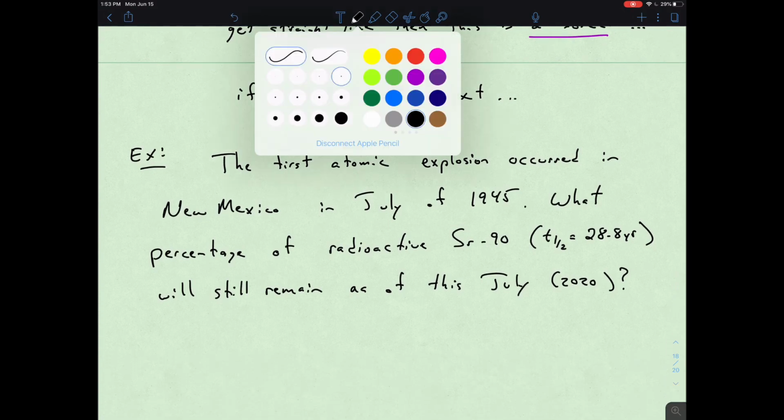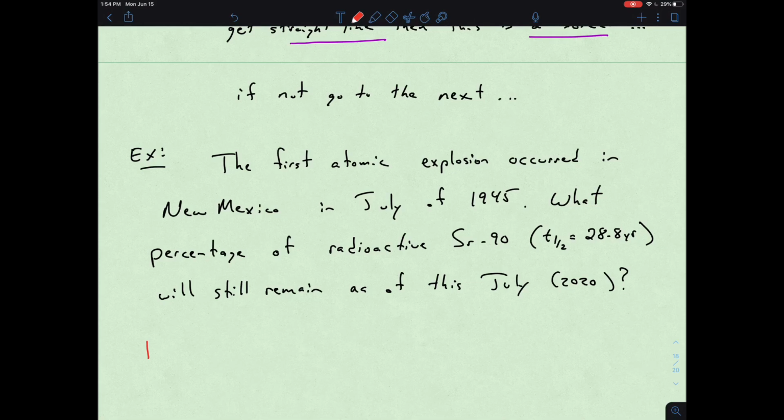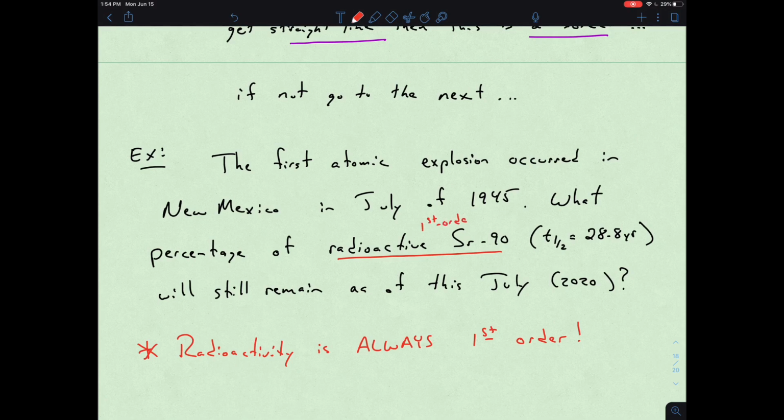One thing that we really need to remember here is radioactivity is always first order. So we have this radioactive strontium-90, and we know that it has to go by a first order plot.